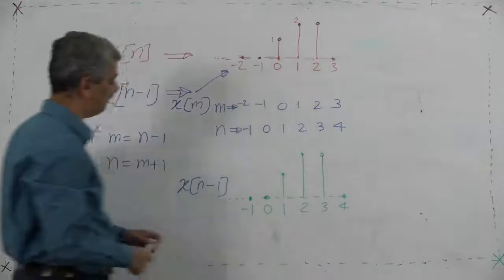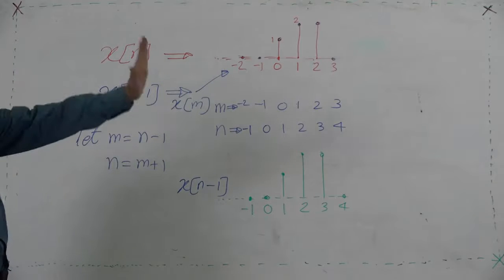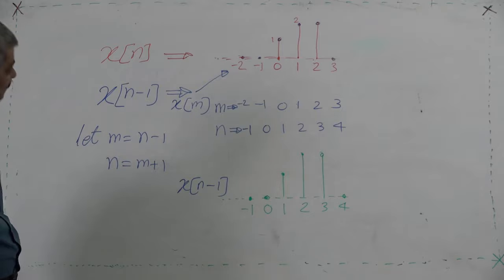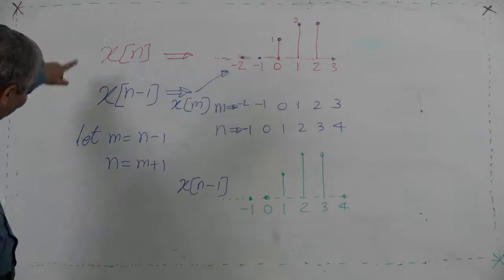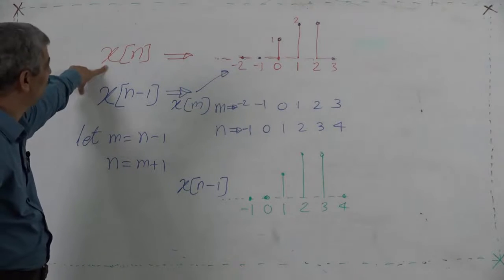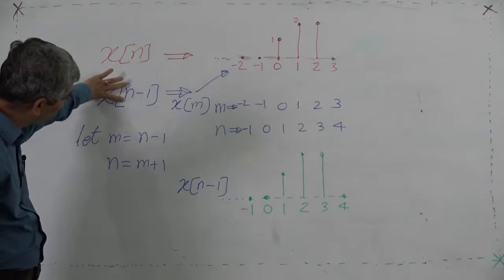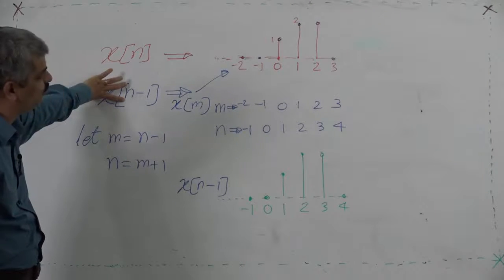So, x[n minus 1] means I am shifting the sequence right. For the given sequence, for n equal to 0 it was 1. So, this sequence will give me, for n minus 1 equal to 0, that is for n equal to 1.